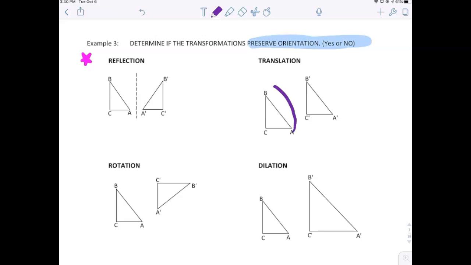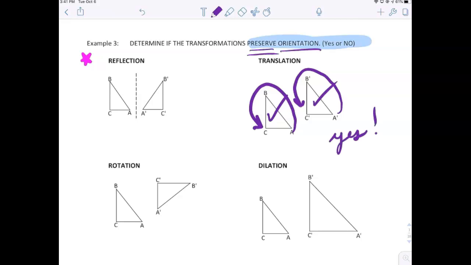If I go A, B, C, counterclockwise, if I translated something up here, right, translation is a slide, and I go A prime, B prime, C prime, I did the same thing. Nothing changed. They were both counterclockwise. So orientation was kept. It was preserved.